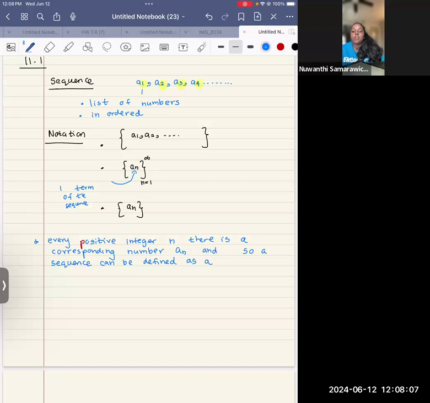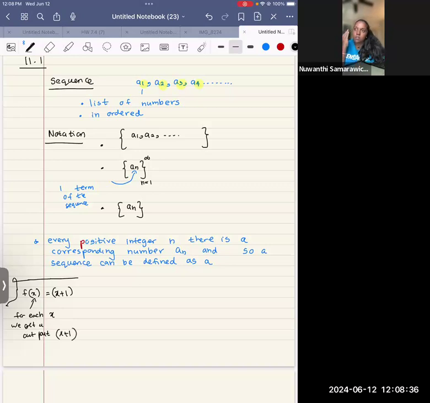Yes, very good, Emma. It's a function. So what is a function? A function we define as f: for each x input, we get an output, say x plus 1.